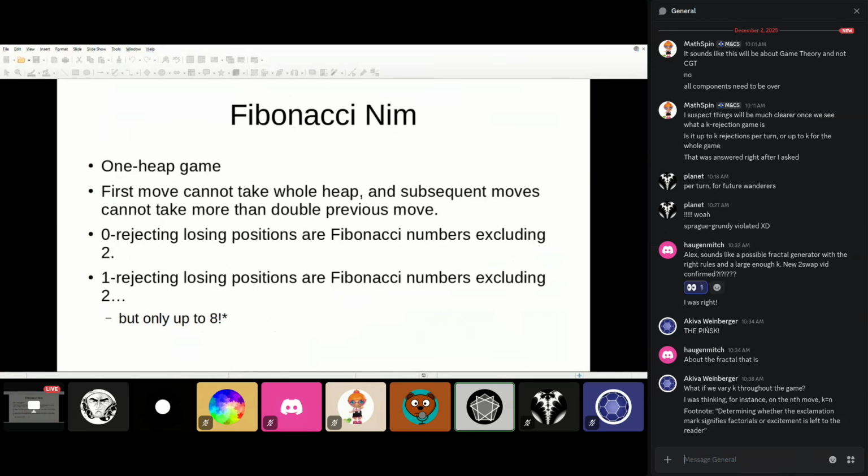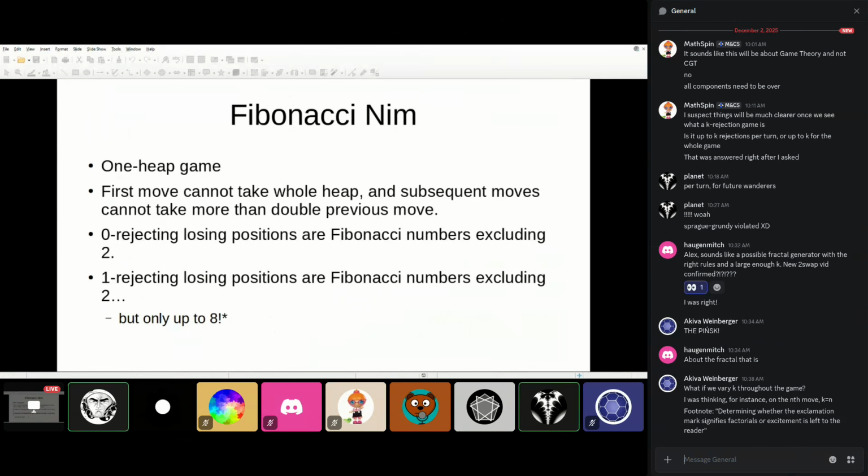Are you now allowed to take the whole pile from the second? The way I have it implemented, and when I was looking up on Wikipedia how this game is supposed to be defined, I think the rule is you can't take the entirety of the largest pile. At least that's what I have implemented.